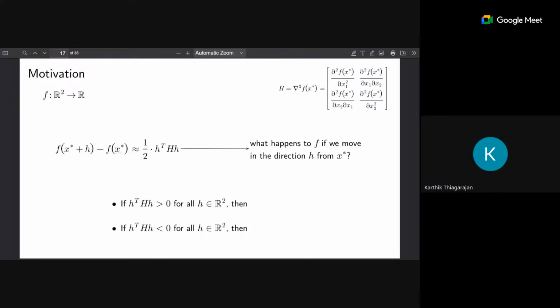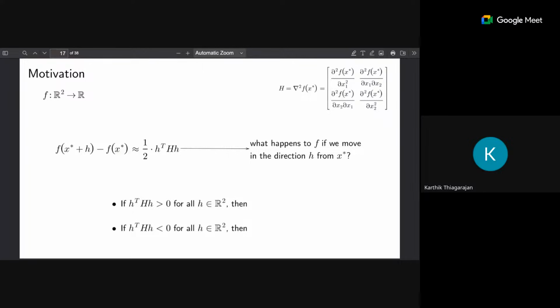And here it is a maximum, right? So are you all able to visualize this? So this is like something like this, right? But then in 3 dimensions. So as you move away from this point in any direction, this right hand side is always positive.